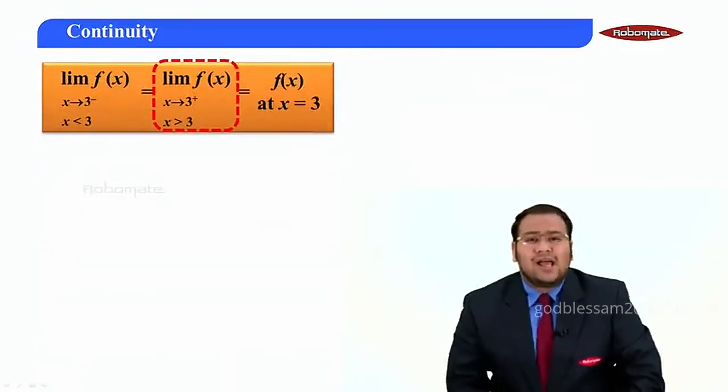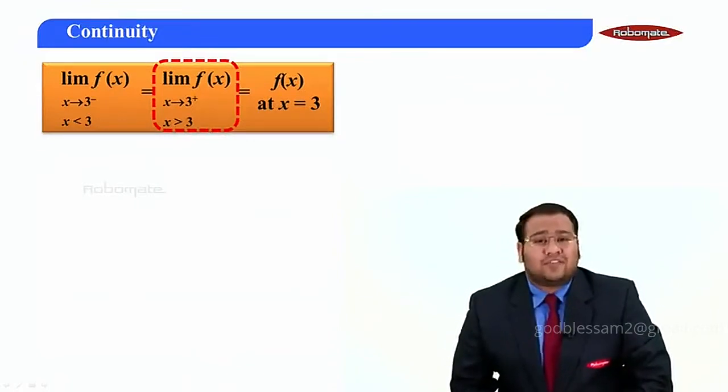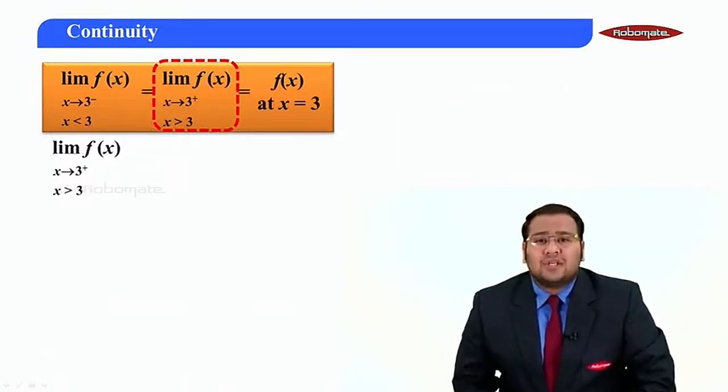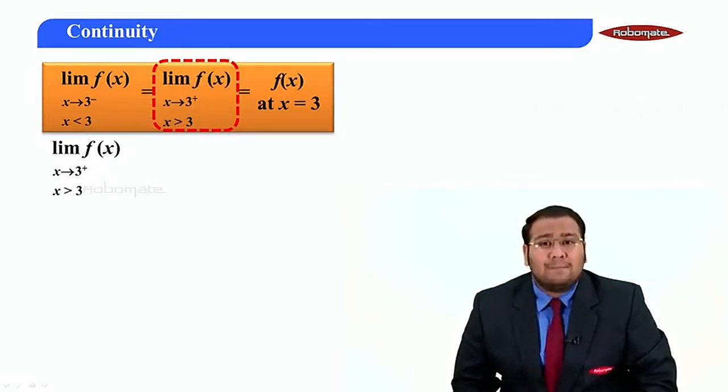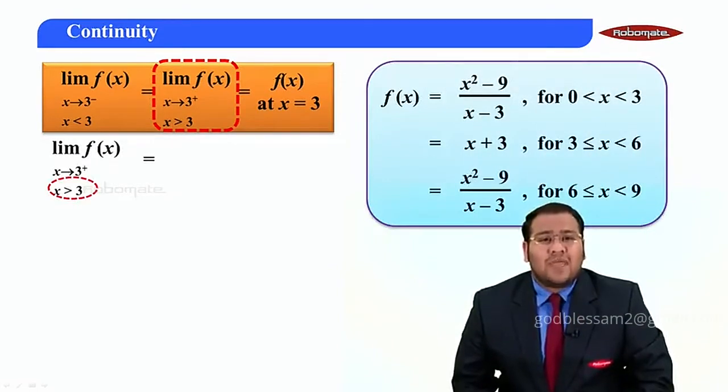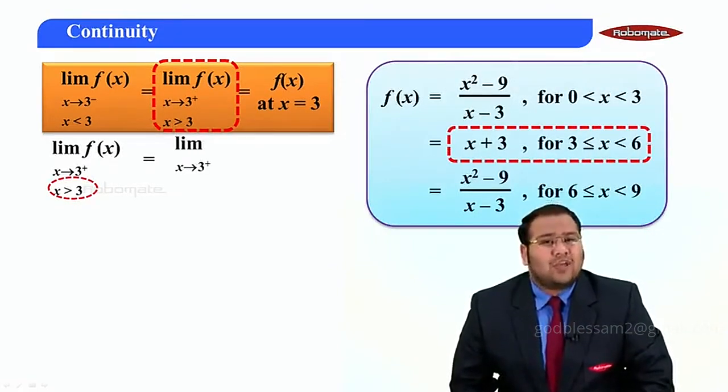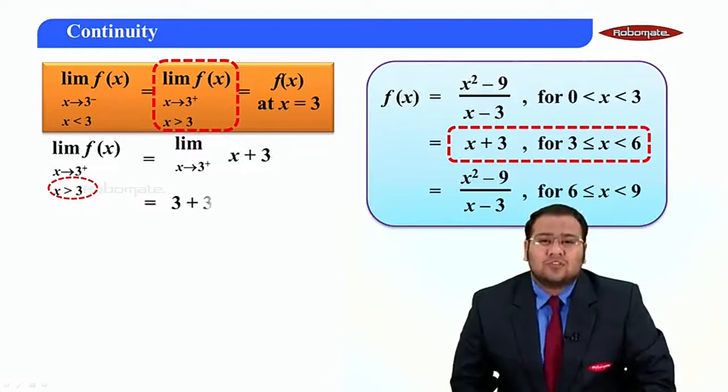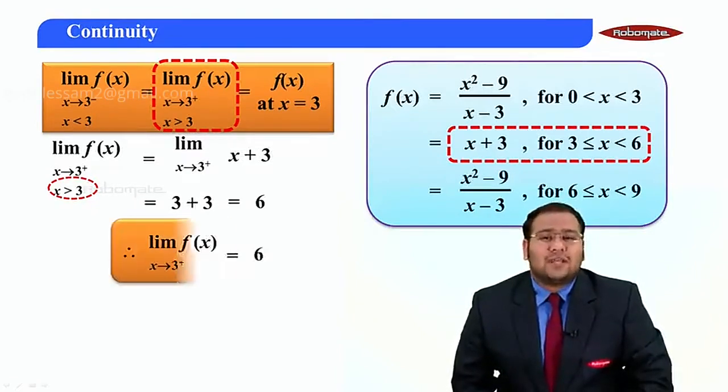Moving ahead with the second part of the first case. It is the limit of f(x) when x is tending towards 3 plus, when x is greater than 3. From the equation, we already have the equation as x plus 3, so the answer is nothing but 6.